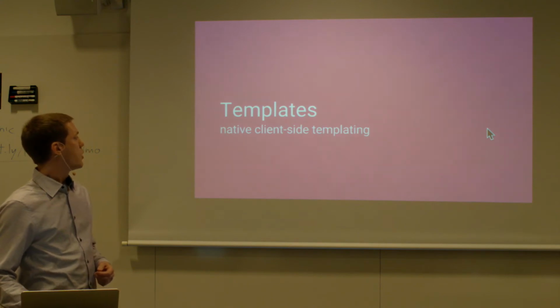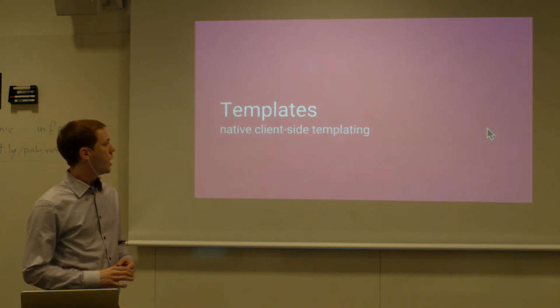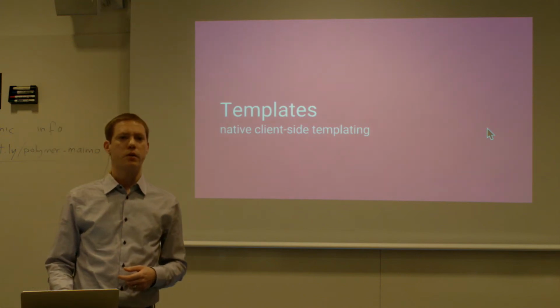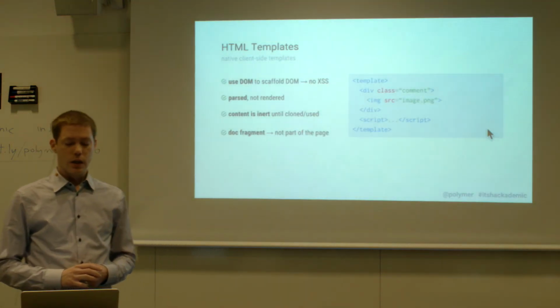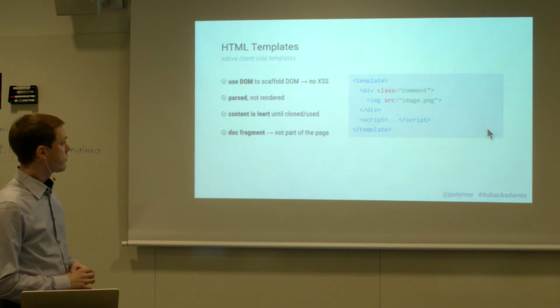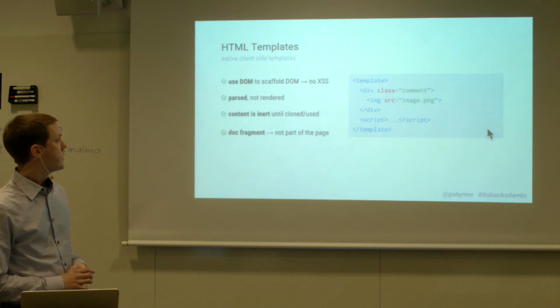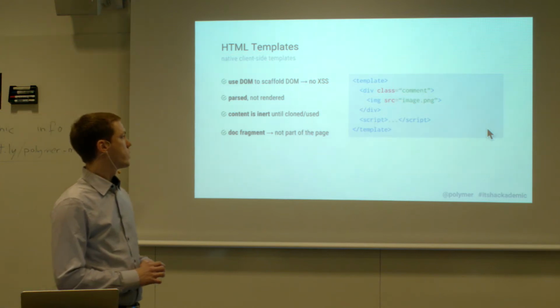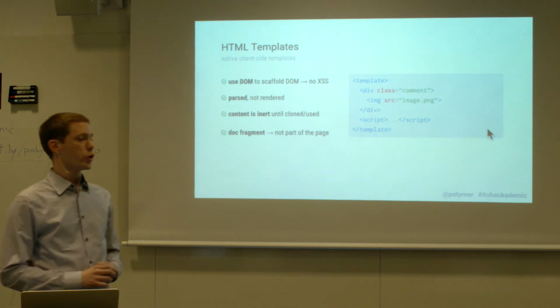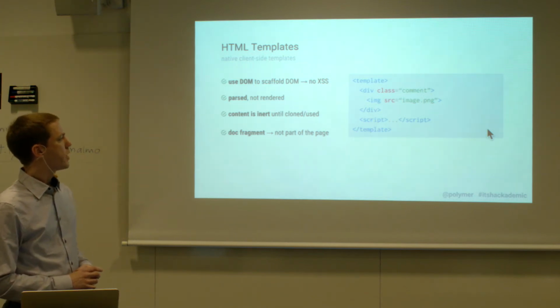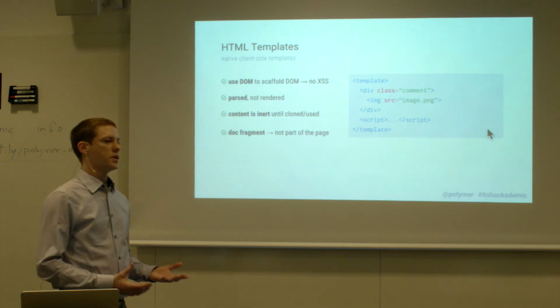Templates is the second part of web components. It's native, client-side templating for the first time in the browser, native. And this is basically how it looks. You have a template tag, and all the content within that tag is inert, meaning if you have image tags or script tags or whatever, it's not executed.